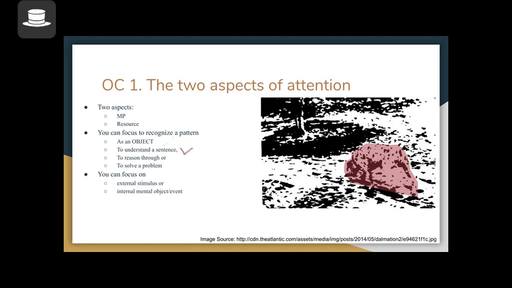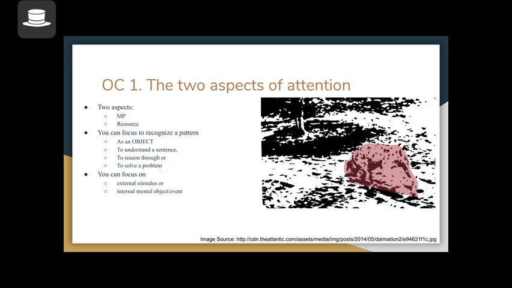If you're reading a reasoning problem, then you need to understand the reasoning problem. You need to focus on the individual words, understand the individual words and the combination of those words as a sentence. Even if it's a problem, you need to understand the given so you can find the ungiven or the solution for the problem. Even that requires you to focus on the parts of the problem. That again is attention.